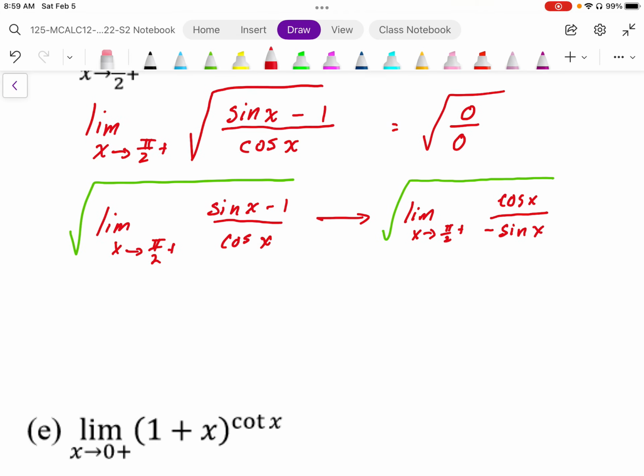So the limit of the cosine is going to be equal to 0 in the numerator and 1 in the denominator, so we end up with this. We end up with the square root of the numerator equaling 0, the denominator equaling negative 1, so the limit works out to be 0.